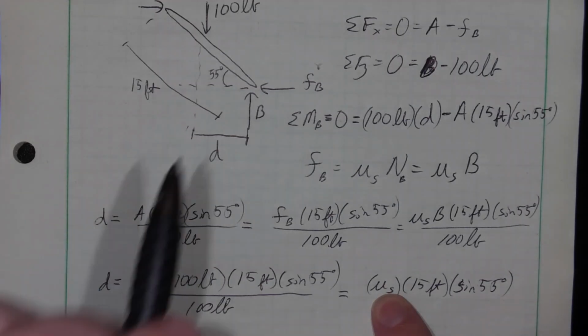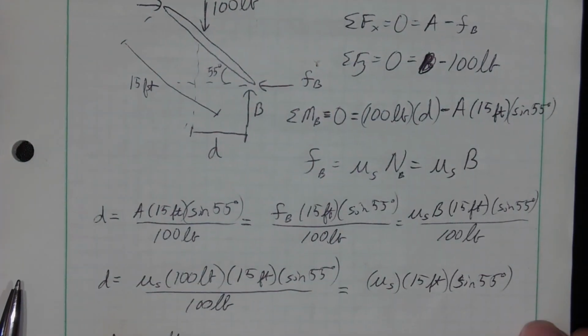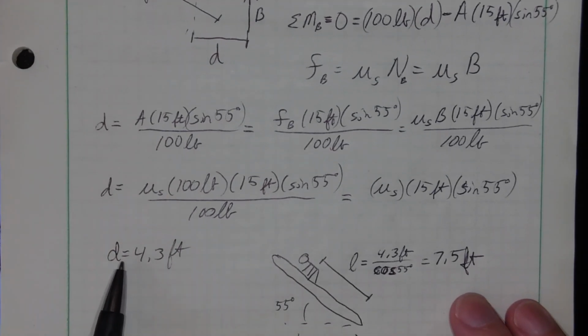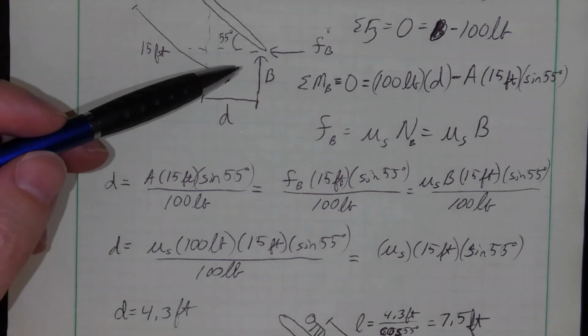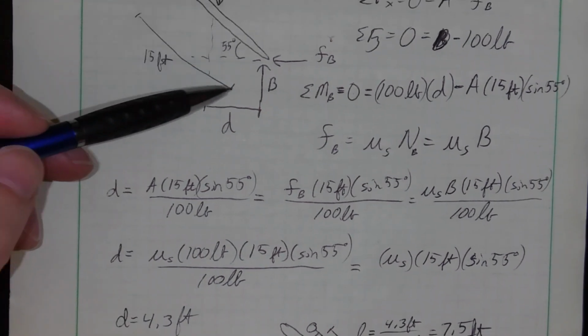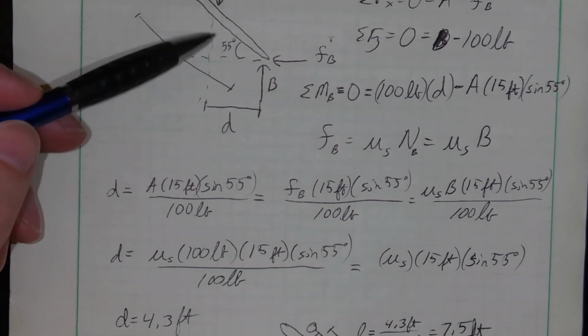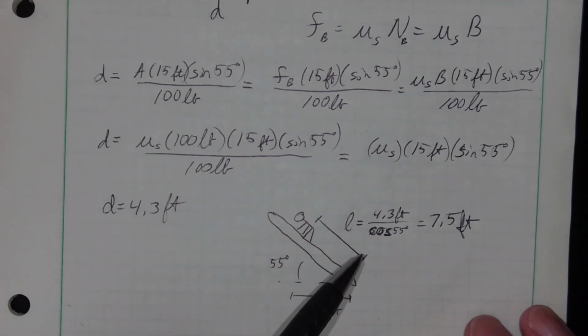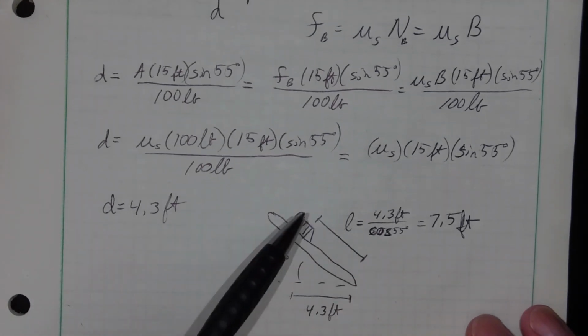I've got 0.35 as my static coefficient of friction back up at the very beginning there. So I get that this distance d, again, this person is some distance from point B horizontally up the ladder. That's distance d is 4.3 feet. What I might really want to know is how far up the ladder they can go. Right?